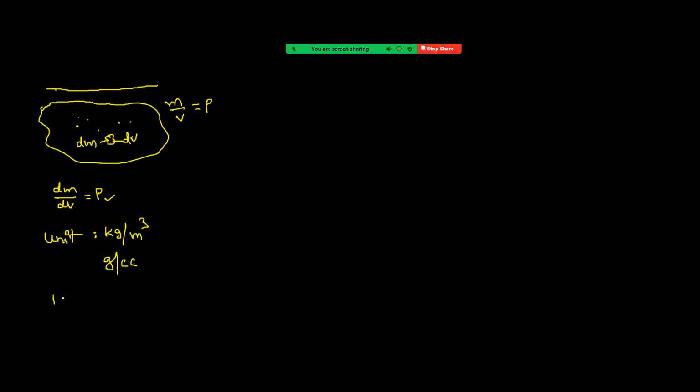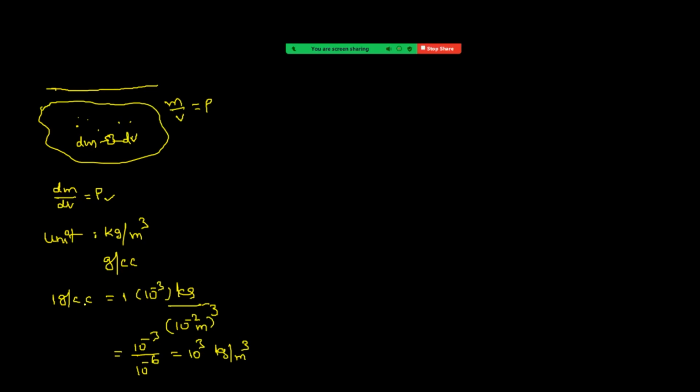See how to convert. 1 gram per cc is equal to 1, and in the place of gram, 10 power minus 3 kg, over cc, centimeter cube. Centimeter means 10 power minus 2 meter, centimeter cube, so the power is 3. Then see what we get: 10 power minus 3 upon 10 power minus 6, that is equal to 10 power 3 kg per meter cube.